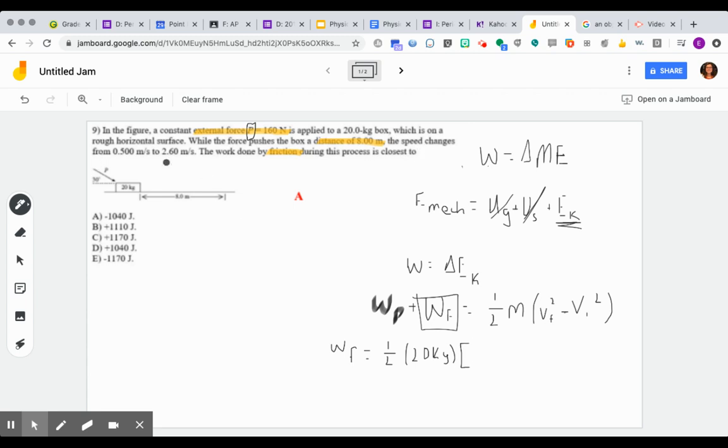The final velocity is 2.6 meters per second based on the order that it's listed. Don't forget to square it. There we go.